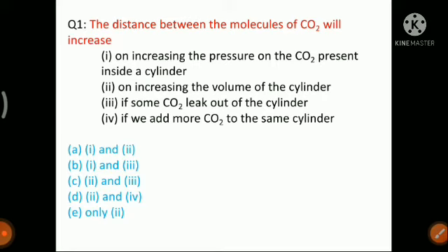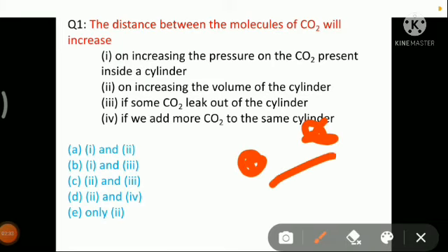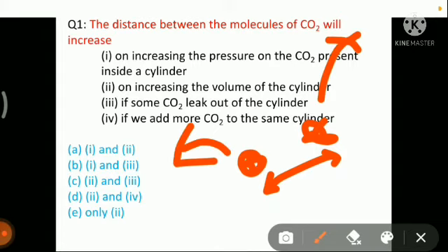Okay, so a carbon dioxide molecule is a particle of carbon dioxide gas. Okay, so that means if these are the 2 particles, and if their distance should increase, what that means is these particles have to move to a larger distance. So for the distance between these 2 particles to increase, one particle should move away from the other.